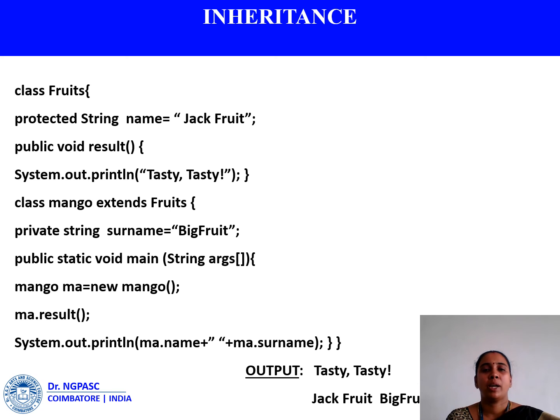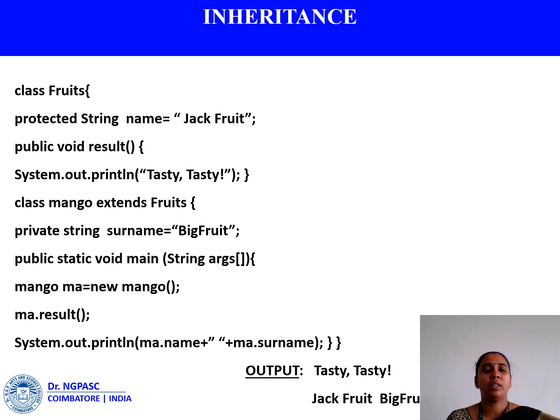So here Mango is the subclass and Fruit is the base class, or Fruit is the parent class and Mango is the child class. So the child class can inherit the properties of the Fruits class. Inside the Mango class I have created one child class variable, surname, which has the value big fruit. That's all.